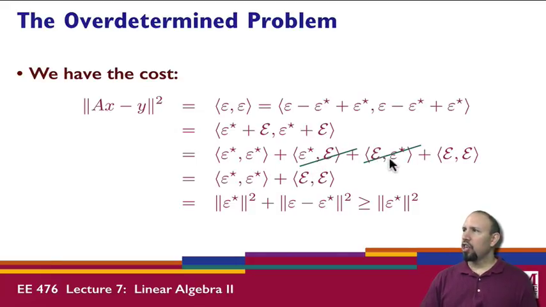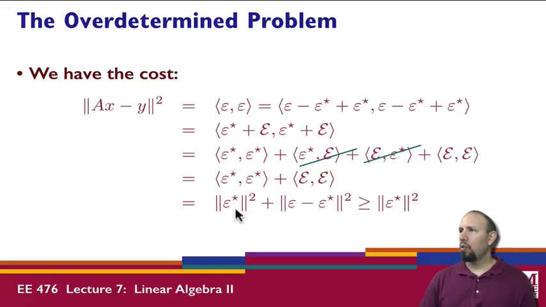And this is just the inner product in the opposite order, and so these two must both be 0. And so we have this quantity here. If you look at what this is, it's the error star norm squared plus this big E, which is the error minus the error star, and so this is the norm squared.